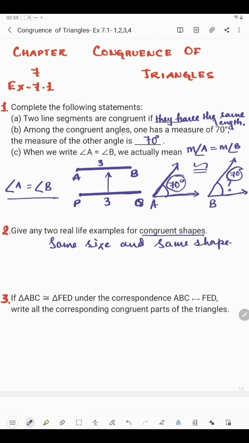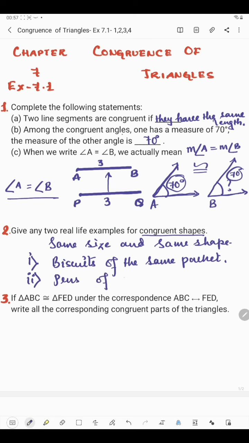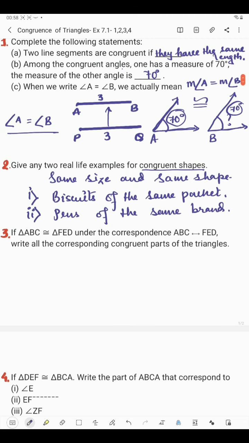So the examples of congruent shapes are biscuits of the same packet and pens of the same brand. Okay. Now coming to question number 3.